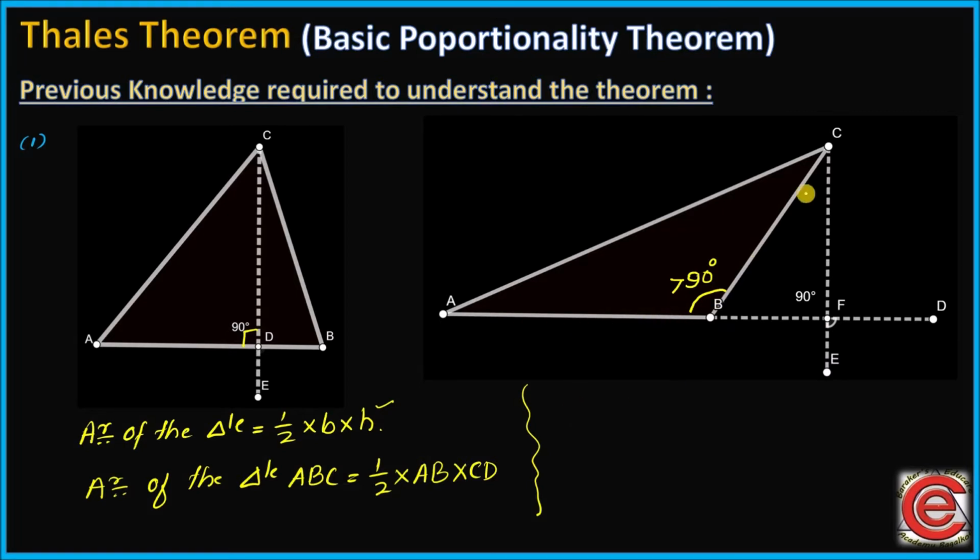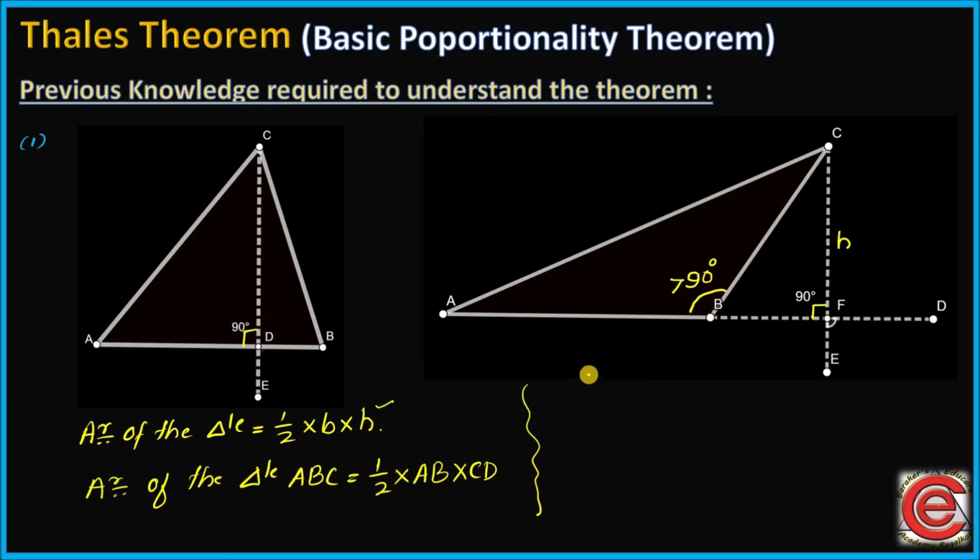Whenever there is an obtuse angle triangle, if you want to consider the height for the base, then first you extend the base, how BD is taken here, and you draw the perpendicular from the opposite vertex to that extension. So CF is the perpendicular.